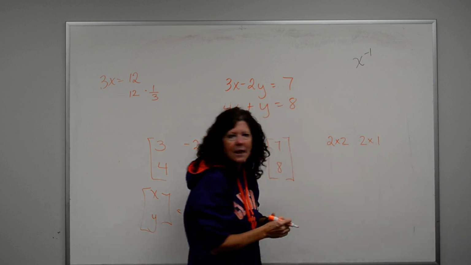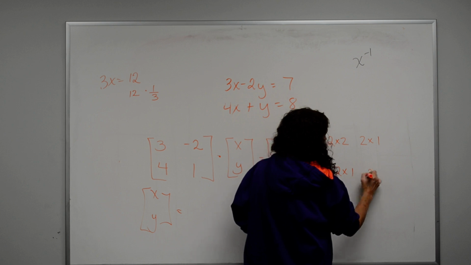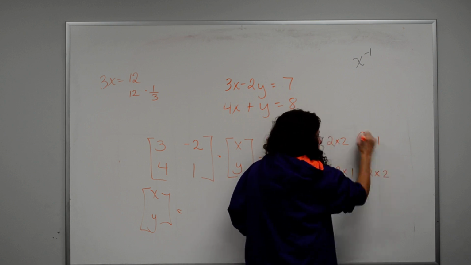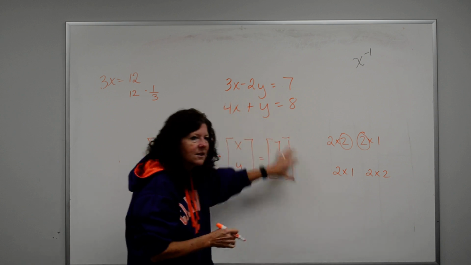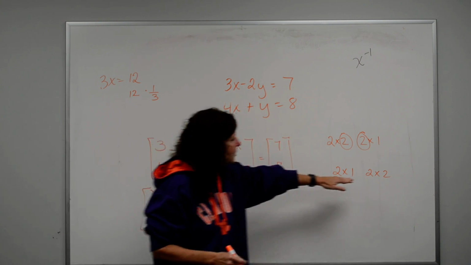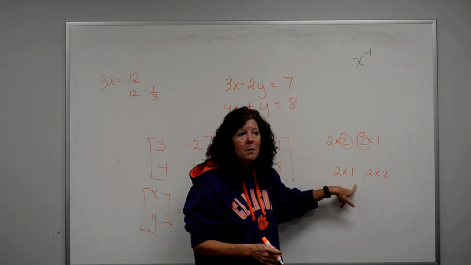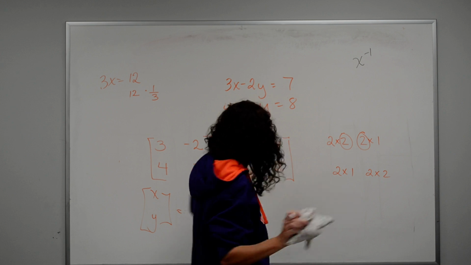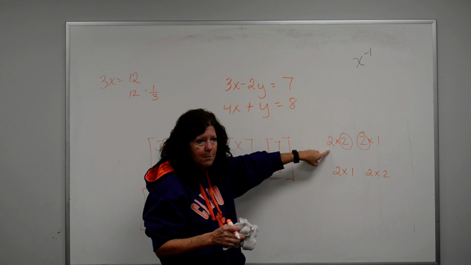That's the only order I can do it in. I can't switch and say a 2 by 1 times a 2 by 2. Remember, those center terms have to match. If I try to do this times the inverse of that, do those center terms match? No, so order is important. I have to do the inverse of this times that, which is what this top one is.